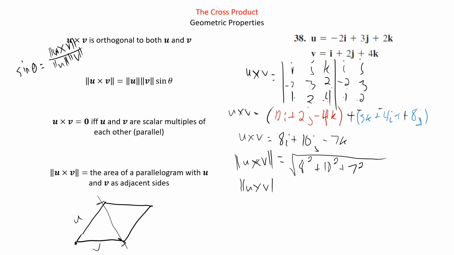So U cross V is going to be the square root of 8 squared is 64, plus 10 squared is 100, plus 7 squared is 49, which will give us U cross V be the square root of 213.